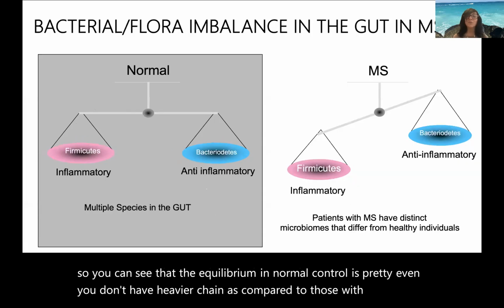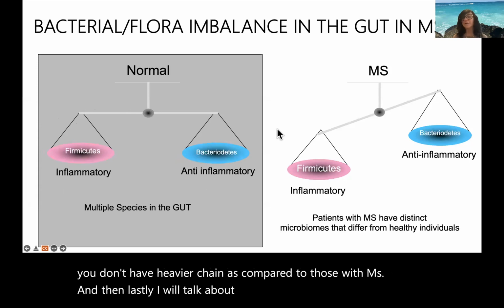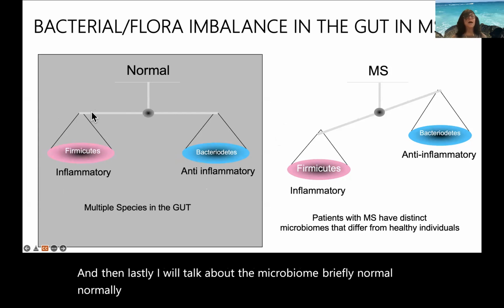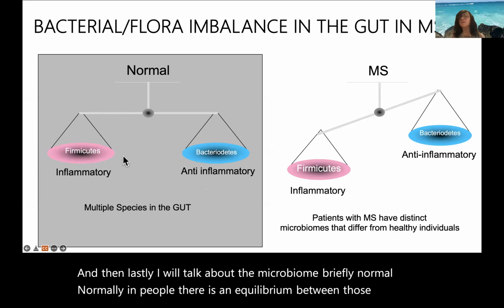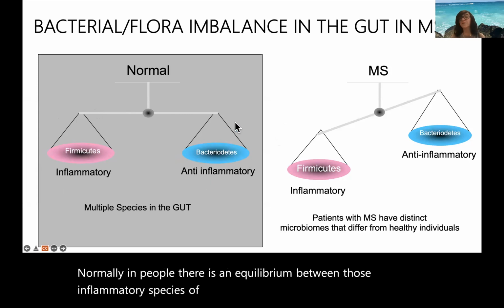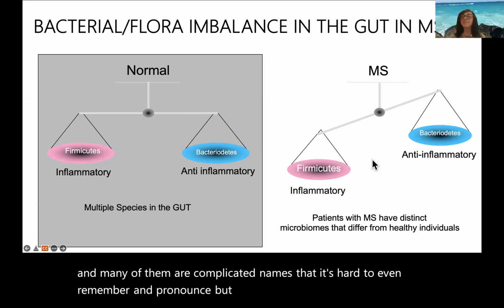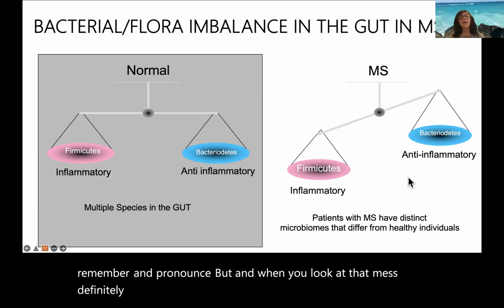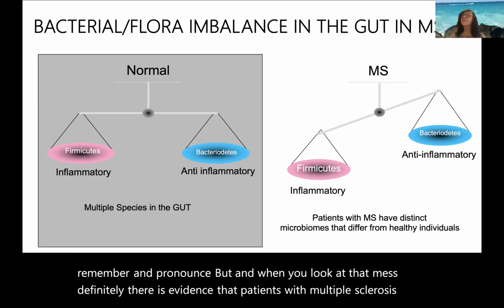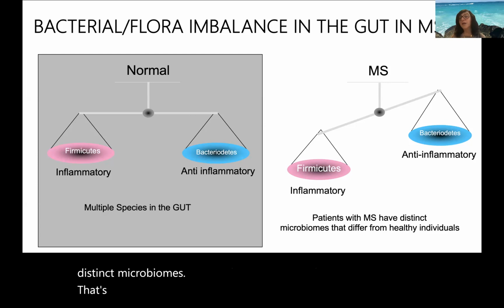And then lastly, I will talk about the microbiome briefly. Normally in people, there is an equilibrium between those inflammatory species or microbes as compared to anti-inflammatory, and many of them have complicated names that it's hard to even remember and pronounce. And when you look at MS, definitely there is evidence that patients with multiple sclerosis have distinct microbiomes that differ from healthy individuals.